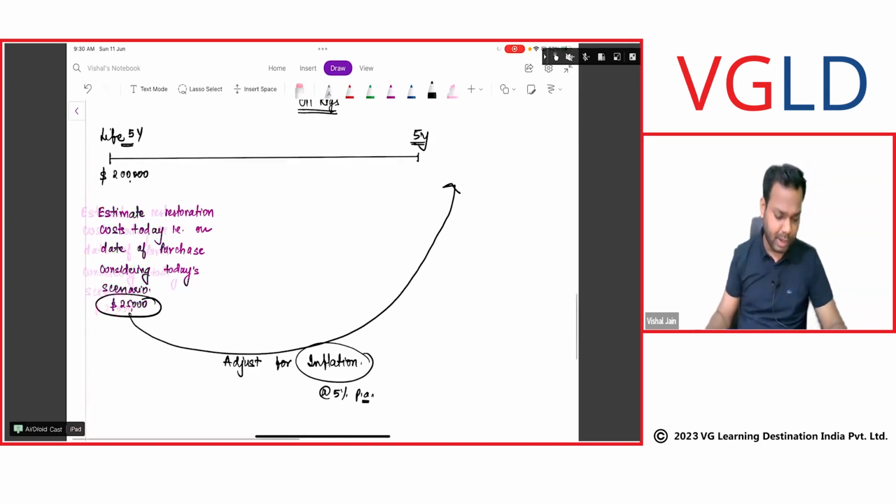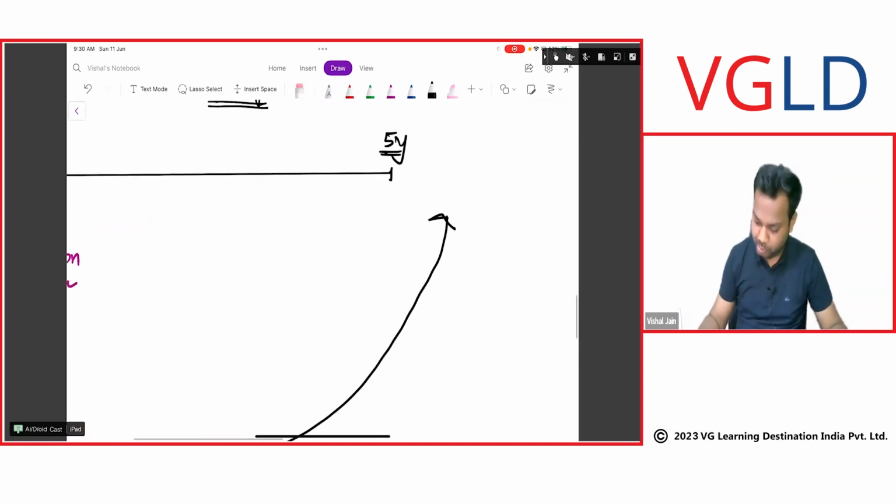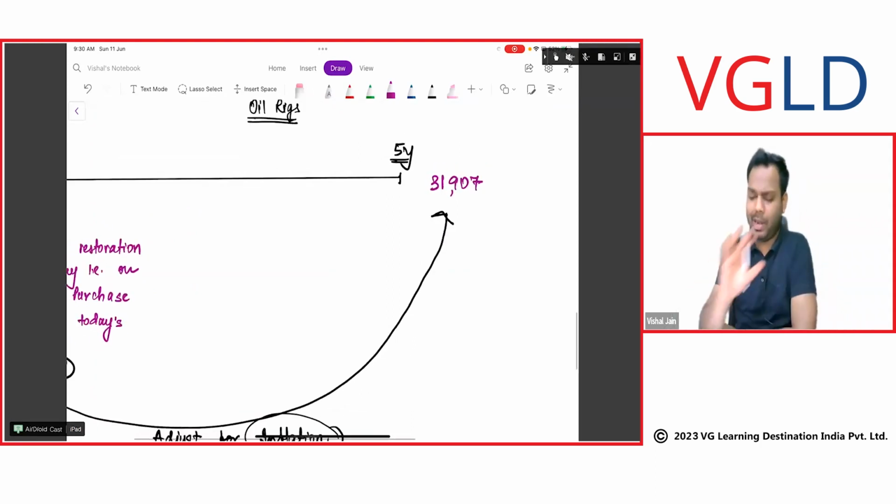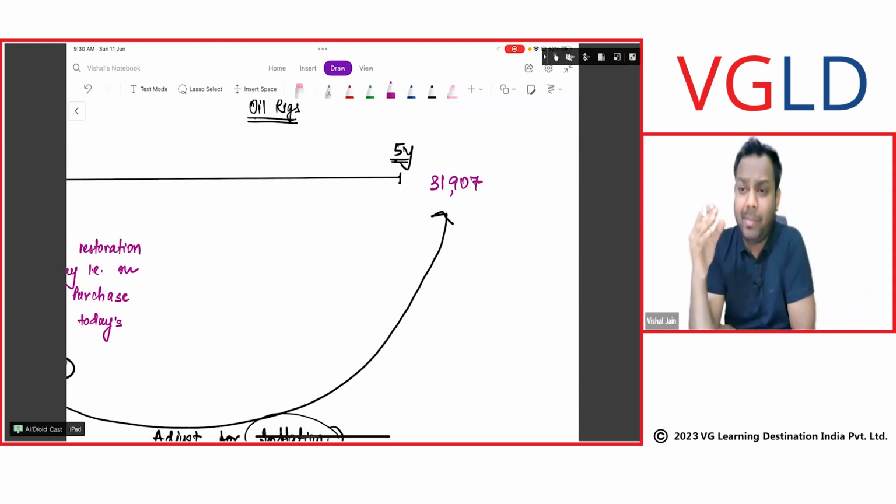The amount comes to 31,907. Very good. Now, this is the estimated amount.